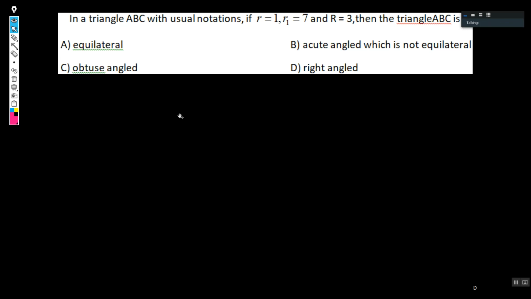Just now I said one formula. Consider r1 minus r, please. Consider r1 minus r.